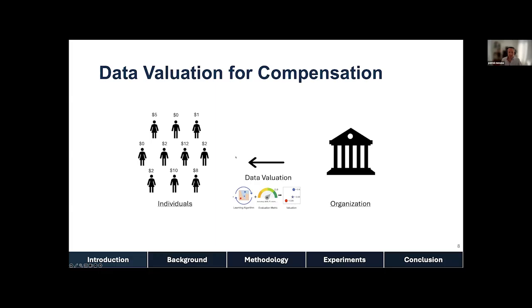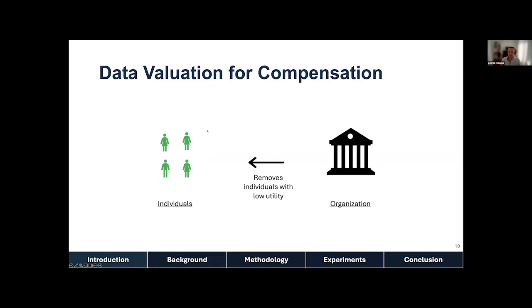It assigns shares to each individual. And then it realizes that some individuals don't participate or contribute very much in the machine learning models. So it decides to remove them and says, well, only these ones should be compensated and the others should not.